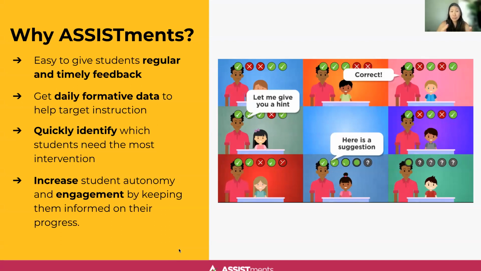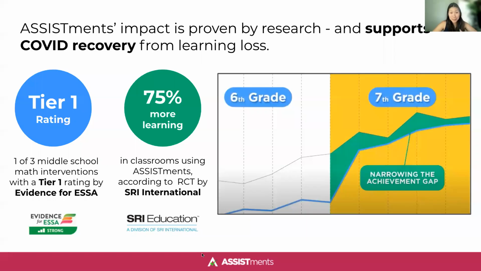And it gives students regular and timely feedback. I think that's what my students loved the most. They didn't necessarily need me right there because they could get that immediate feedback through ASSISTments, and it really increased their autonomy and their engagement in class because they could track their own learning with the informed progress. So if you don't believe me, ASSISTments is actually proven by research.